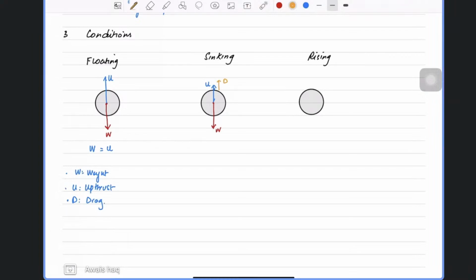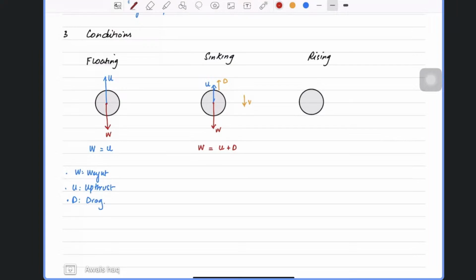The reason drag needs to be drawn up is because the velocity is down. It's sinking, so drag has to oppose the motion, right? So in this one, weight is the biggest force, so weight will be equal to upthrust plus drag when it is moving at constant velocity. And the reason is that drag will only oppose the velocity, it will never go in the same direction.